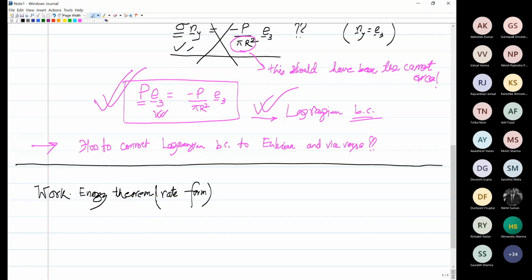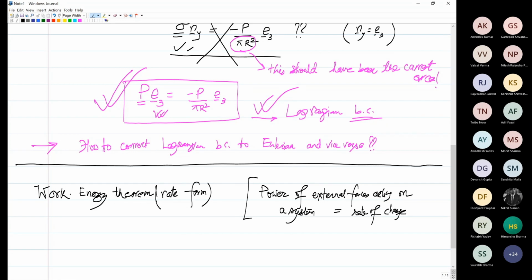And in the rate form, we say that the power of external work done on a system is equal to the rate of change of kinetic energy of the system. So I'll just write here, power of external forces acting on a system is equal to the rate of change of kinetic energy of the system.